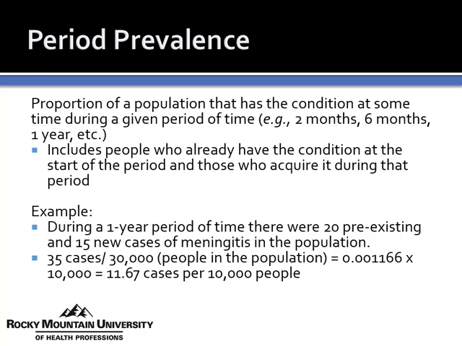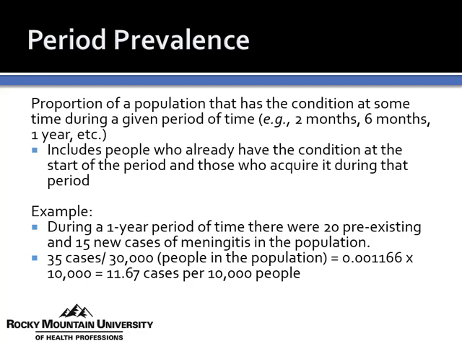So an example here, during a 1-year period of time, there were 20 pre-existing and 15 new cases of meningitis in the population. 35 cases out of 30,000 people in that population, because we had 20 pre-existing and 15 new.